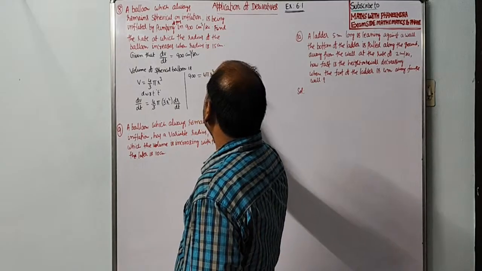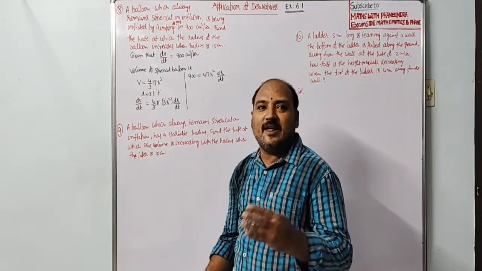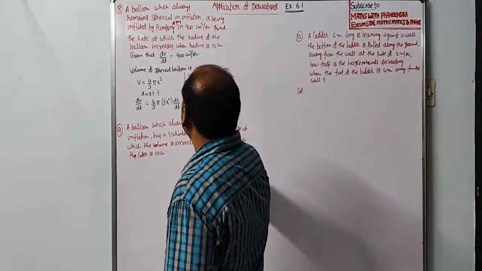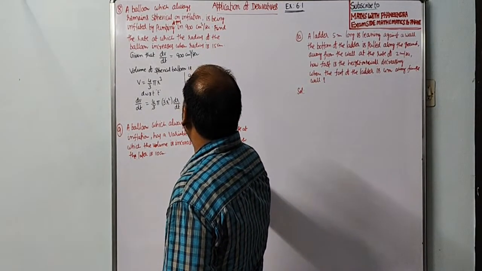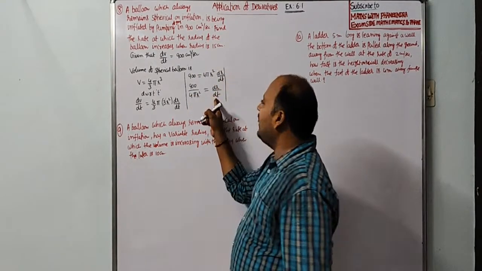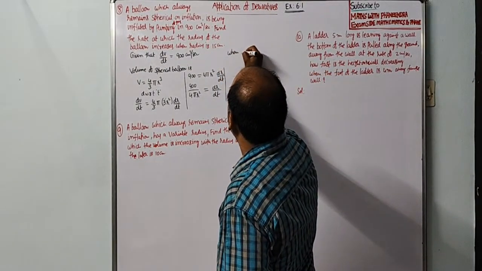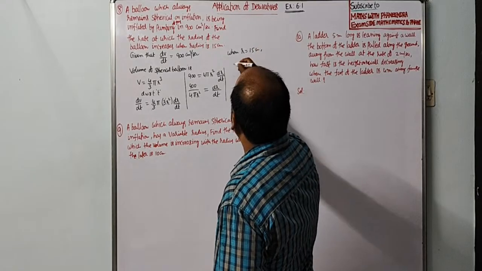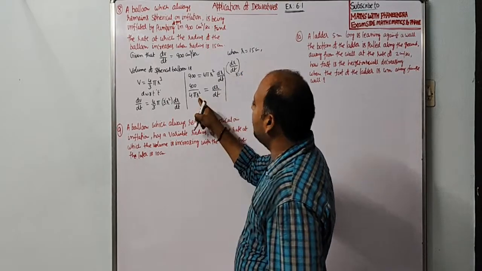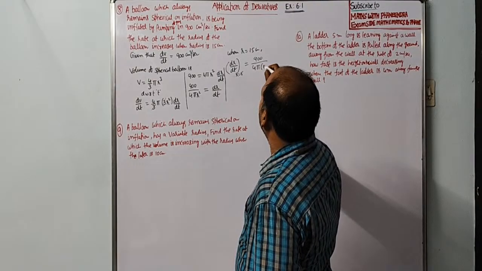dr by dt. So they are asking to find the radius of balloon increases. So dr by dt they are asking. So you can make subject to dr by dt. The rest of the things we can bring this side. So 900 by 4 pi r square is equal to dr by dt. But dr by dt at what radius they are asking? When radius is 15 centimeters, dr by dt is equal to, wherever 15 is there, replace with that, 900 by 4 pi into 15 square.